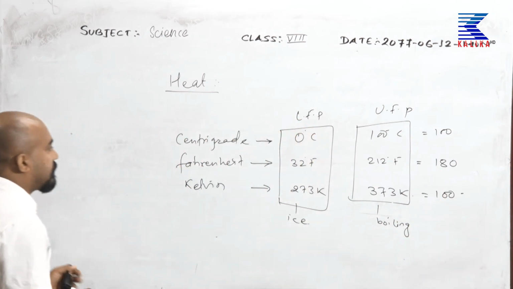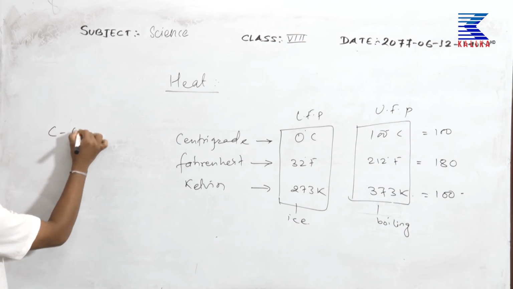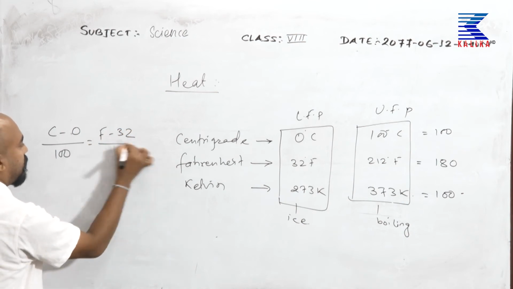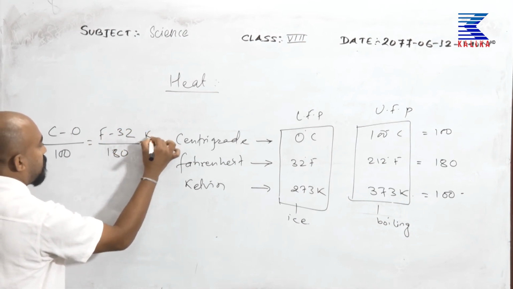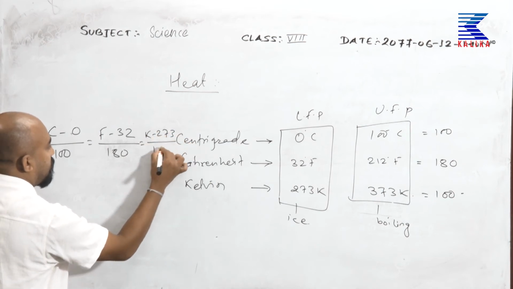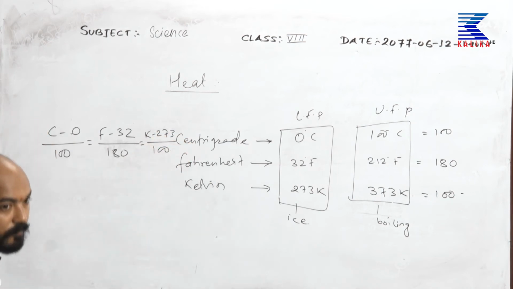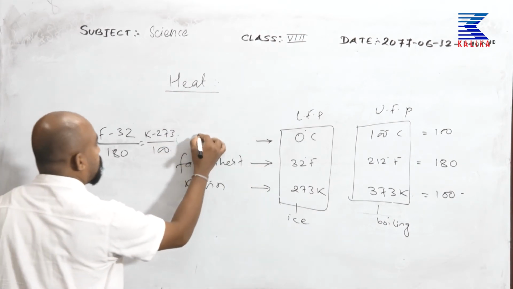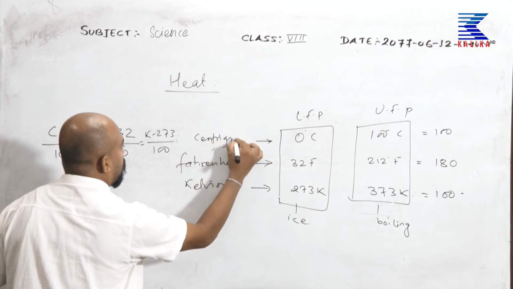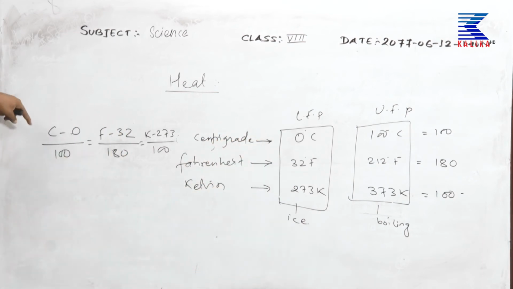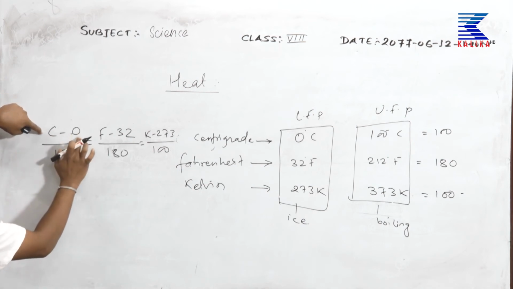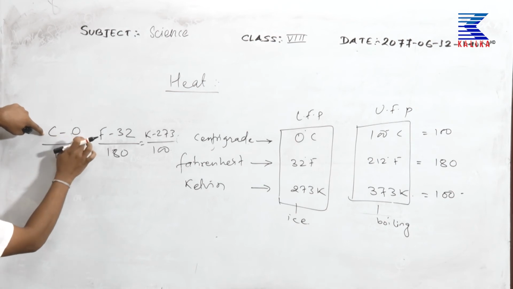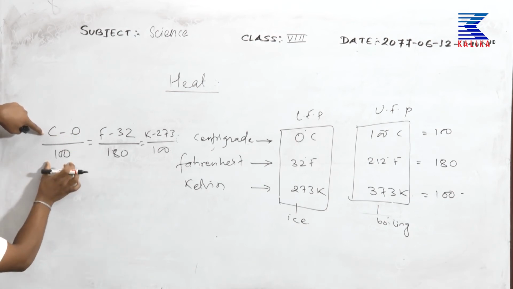So, we can relate like this: C minus 0 by 100 equal to F minus 32 by 180 equal to K minus 273 by 100. Okay. C means degree Celsius minus lower fixed point upon their differences.